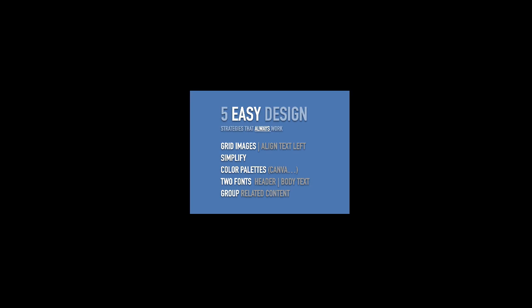Color palettes, there are all kinds of places to get color palettes. Probably all of you already have a favorite, but using a color palette is a good idea. Canva has 100 color palettes that you can look at and choose one. The thing about color, if you choose a template and you decide you're going to change one color, then out of 4, let's say, you've changed all of them.